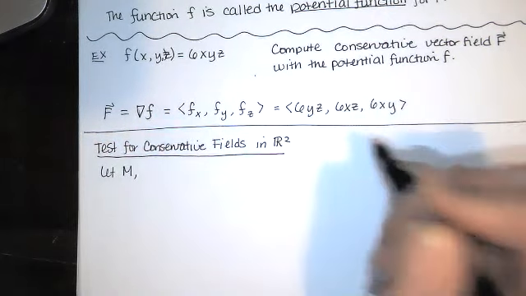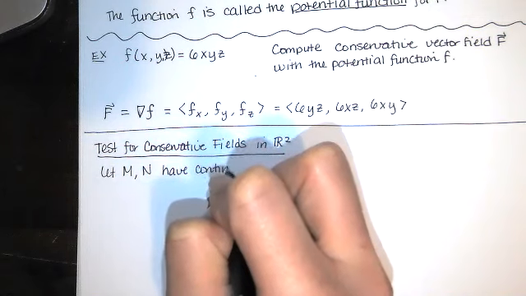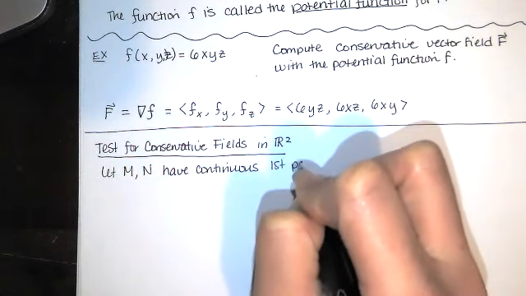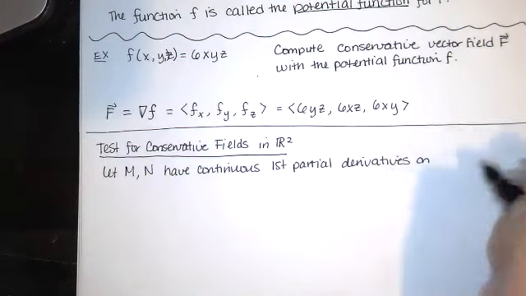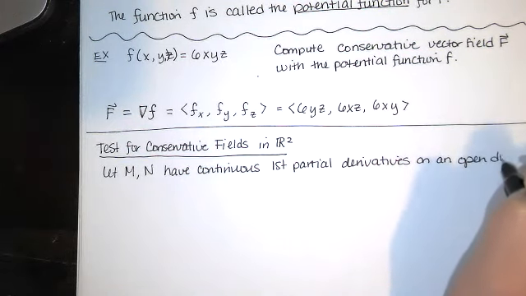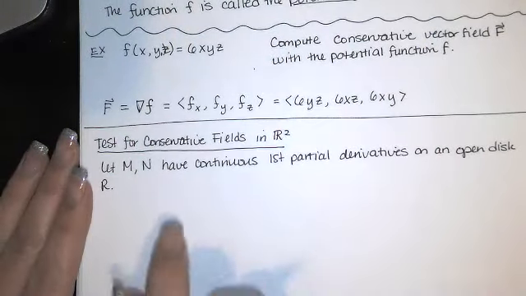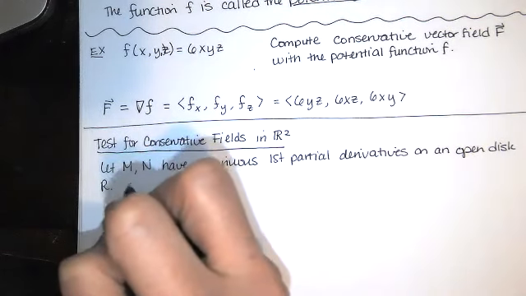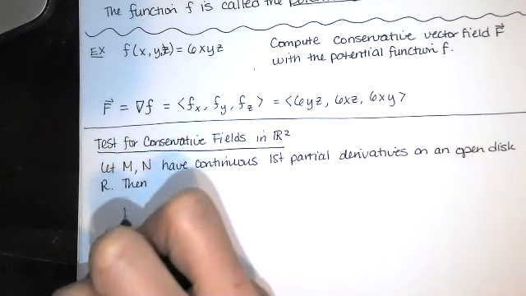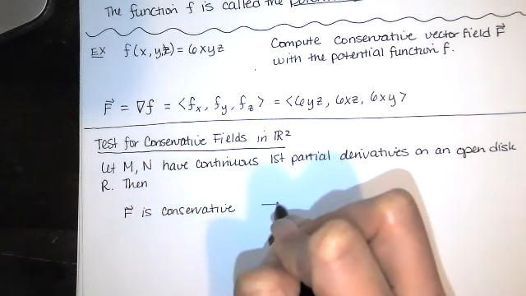Suppose the component functions of F have continuous first partial derivatives on an open disk R. So we're in some little circular region in the xy plane, and the components of capital F have continuous first partials in that region. Then the field F is conservative if and only if the following is true.